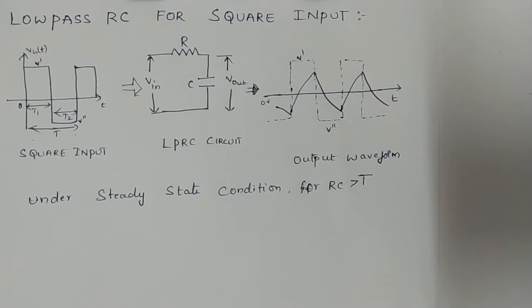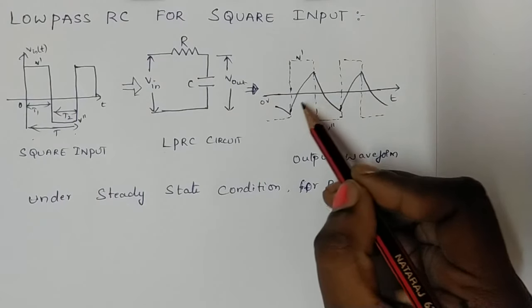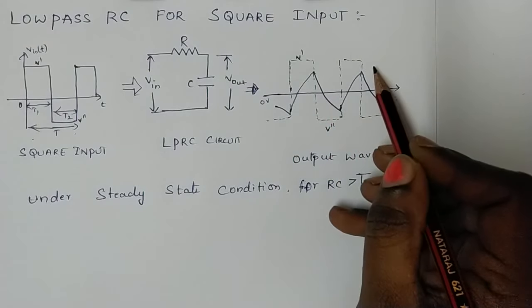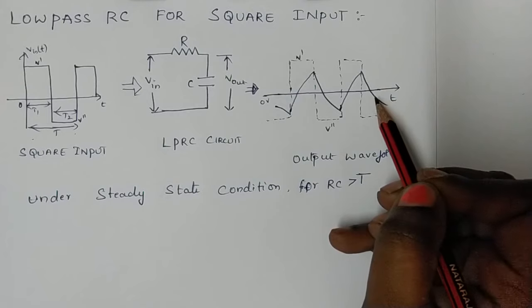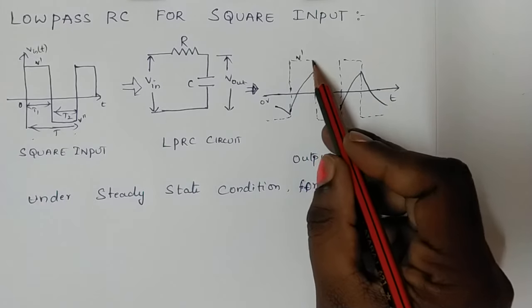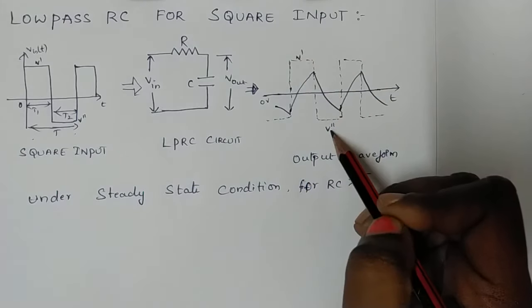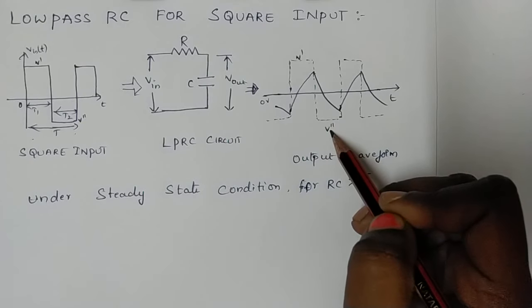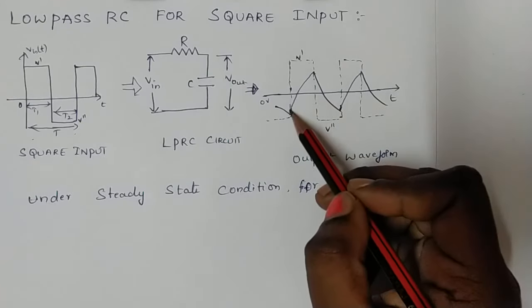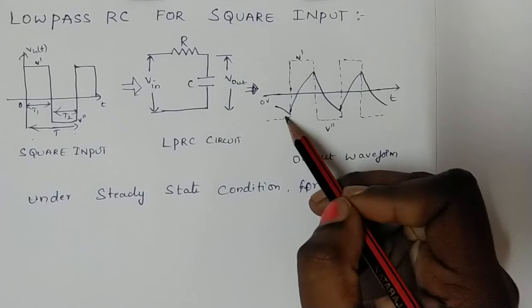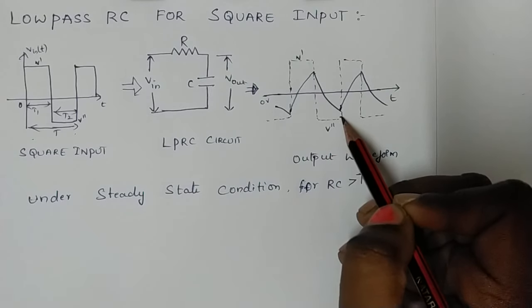The dotted lines indicate the input waveform, but the dark line indicates the actual output. The amplitude of the input is V dash on the positive side, and the amplitude on the negative side is V double dash. This is the output waveform, showing how the capacitor charges and discharges.